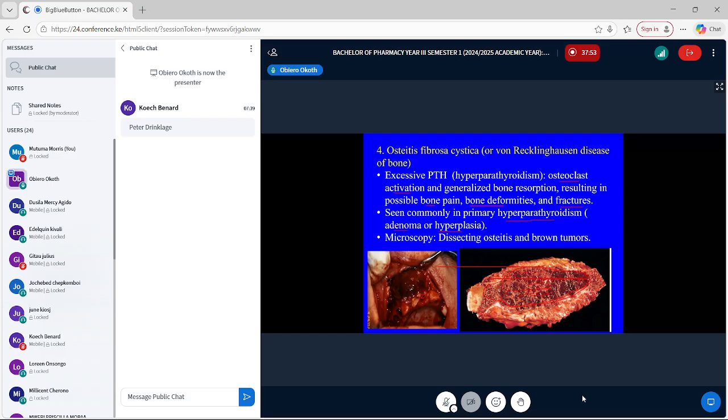We are calling it fibrosa because bone is now being replaced by fibrous tissue. It's also called von Recklinghausen disease. You'll also meet this in soft tissue tumors, but this is von Recklinghausen disease of the bone because there's another von Recklinghausen disease of the soft tissue, the so-called neurofibromatosis.